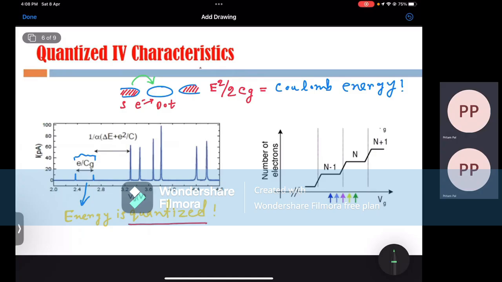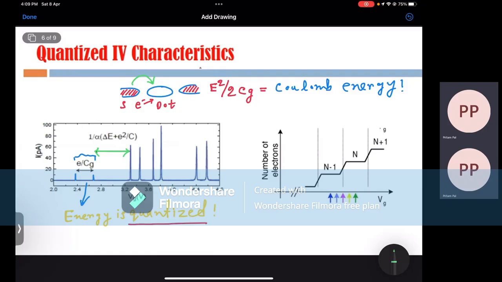Once the electron has moved to the new location, further movement is stopped. It will need another big jump in the energy to be supplied. So that way you can see the current peaks are discrete peaks, at discrete voltage levels.